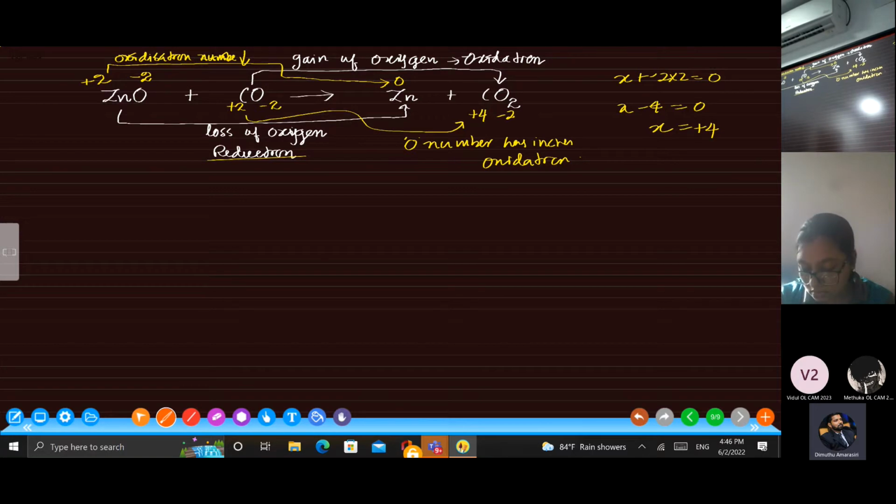If the oxidation number increases, it is oxidation. You can use the loss or gain of oxygen to explain it, or you can use the oxidation number to explain it.